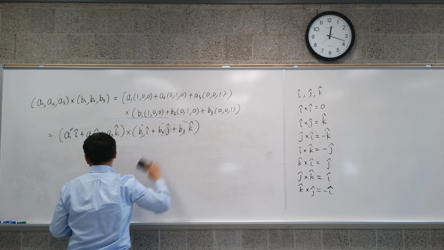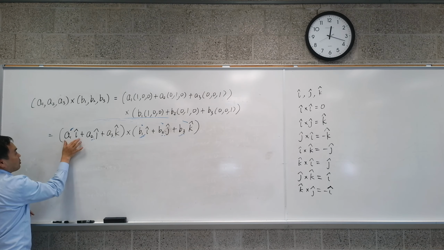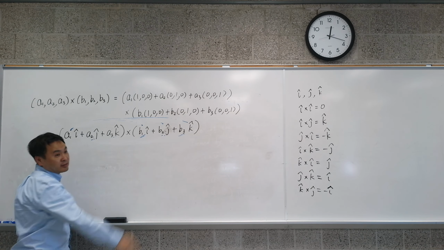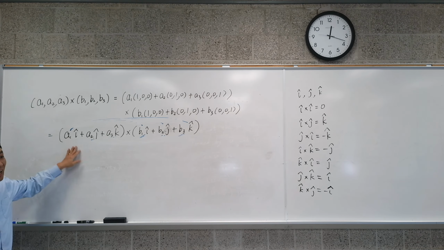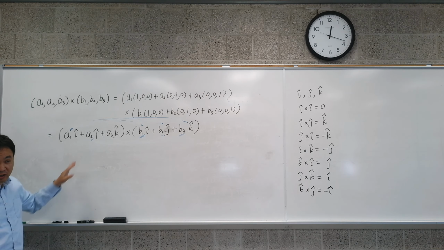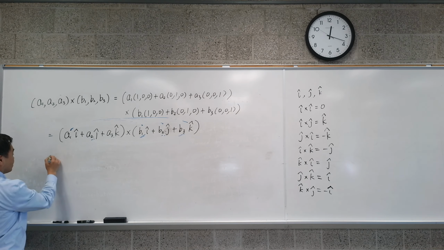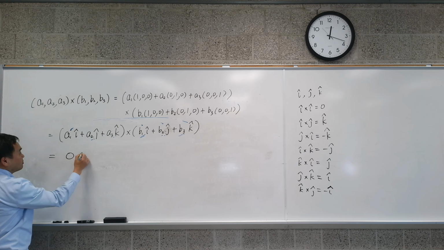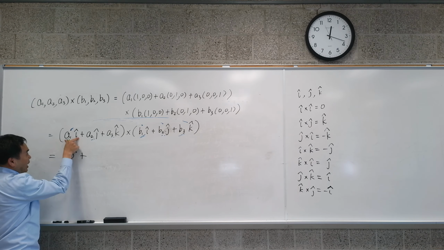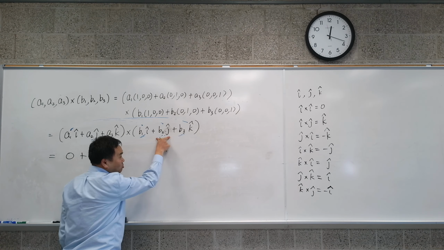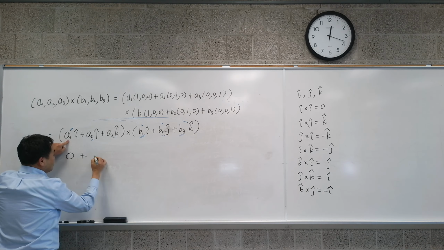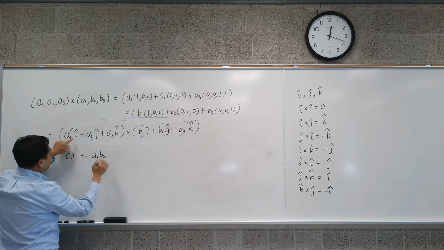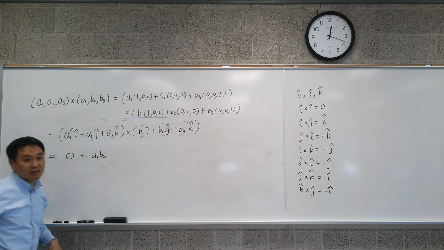So first question. What's A1I times B1I? That's going to be A1 times B1 times I cross I. What's I cross I? 0. So that's 0. Okay. Now when A1I gets multiplied to B2J, what do you get? Well, that's A1 B2, and you have I times J, right?